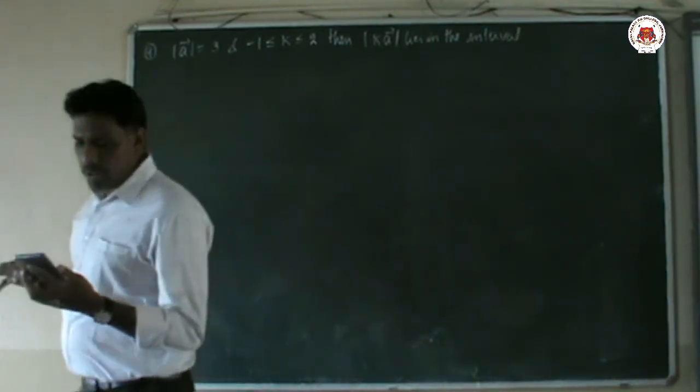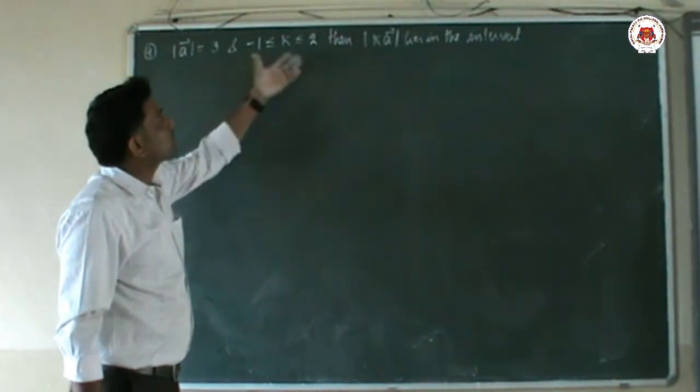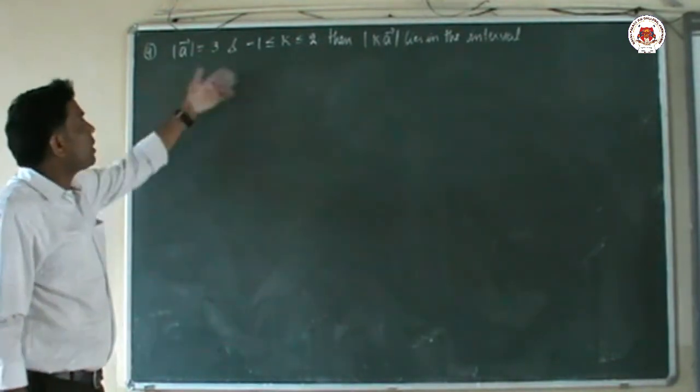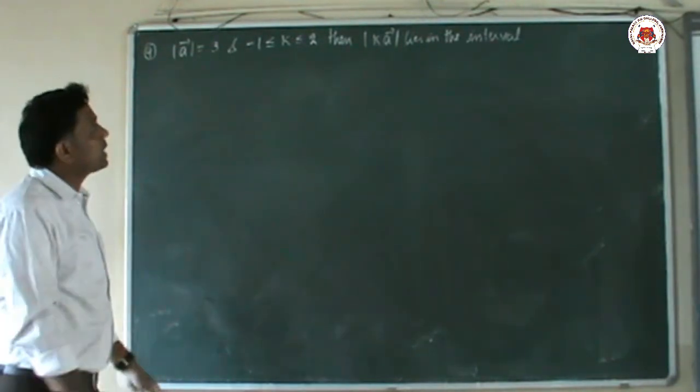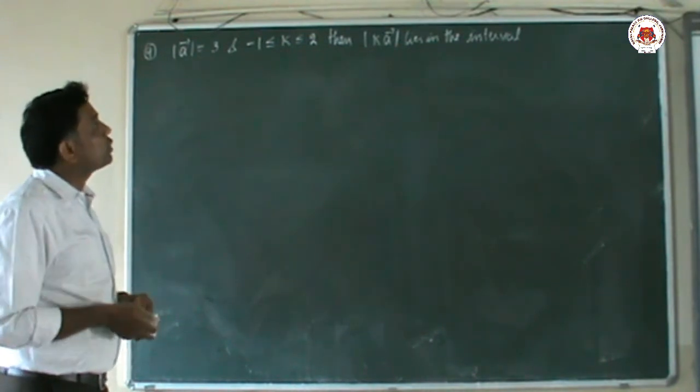So students, I am not writing the options. Actually, in this competitive class, 4 options must be there. But I am not writing them because of lack of time. Unnecessarily writing the options takes more time.